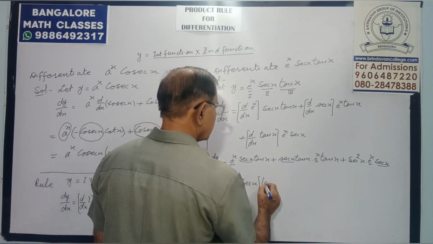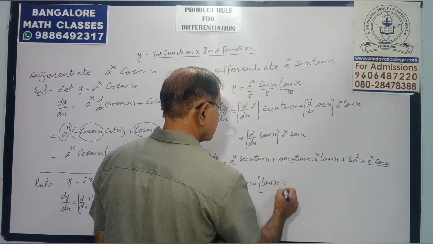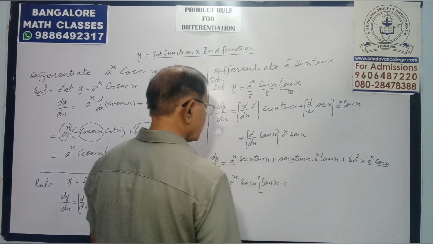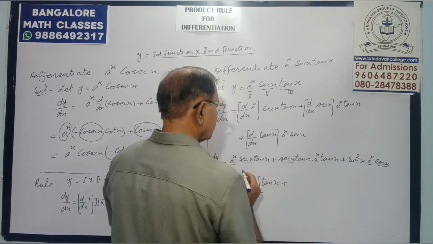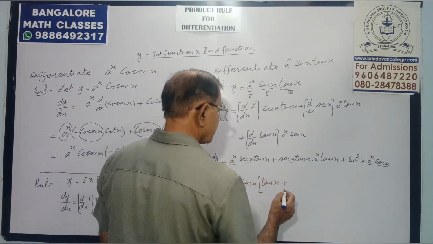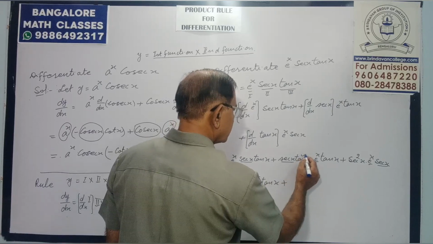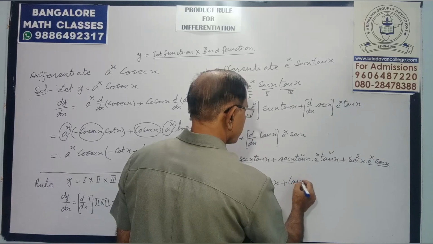We are left with tan x, plus e power x secant x common, we get tan into tan square x.